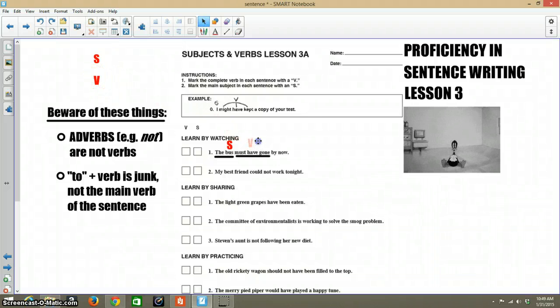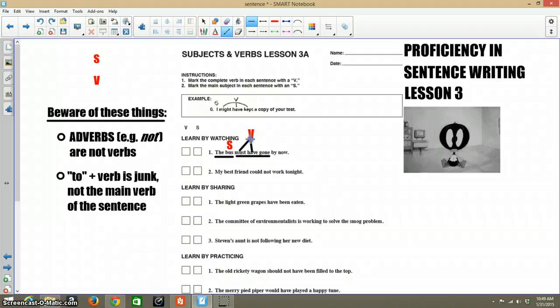So what you have to do is put a V over top of this, and you basically draw a line from must and from have and from gone up to the bottom of that V. So essentially what you just identified is the subject and the verb, which should make a sentence.